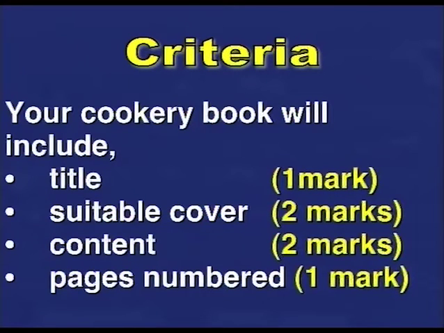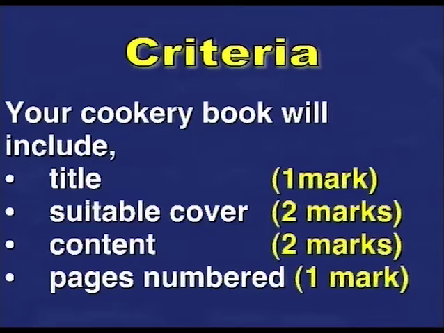Content, there has to be content in that recipe book, and that content is worth 2 marks. The pages of that recipe book must be numbered, and that is 1 mark.